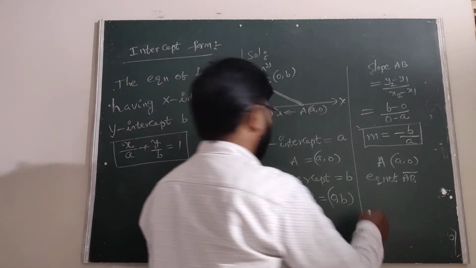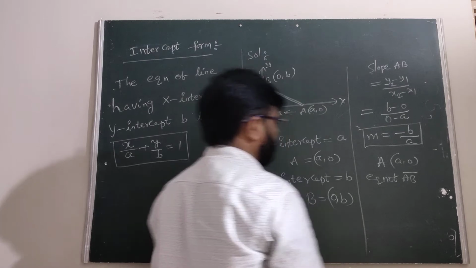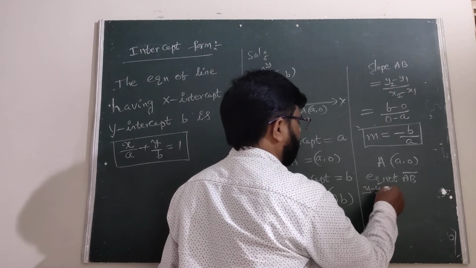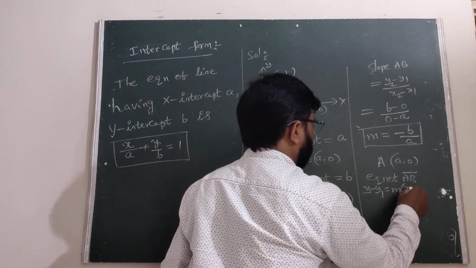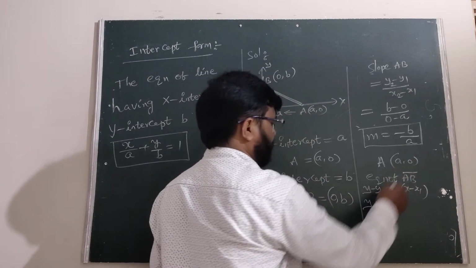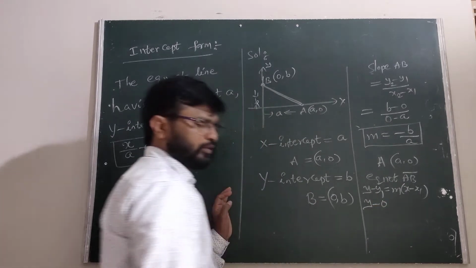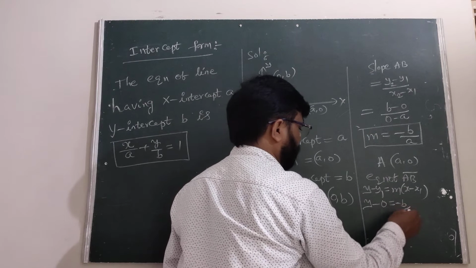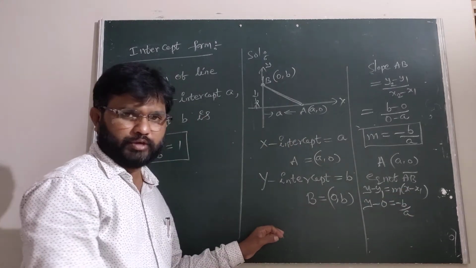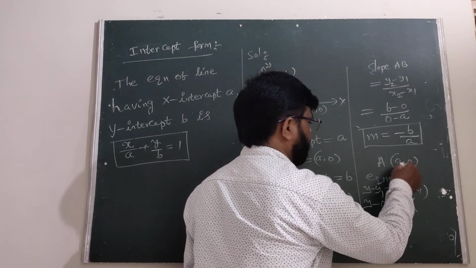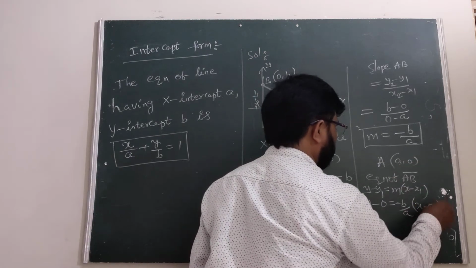All of you listen here. The y minus y1 is 0 here. Therefore, m is minus b by a, into x minus x1, which is x minus a.